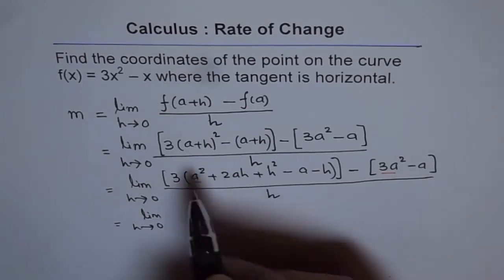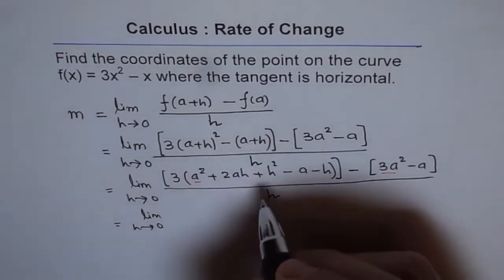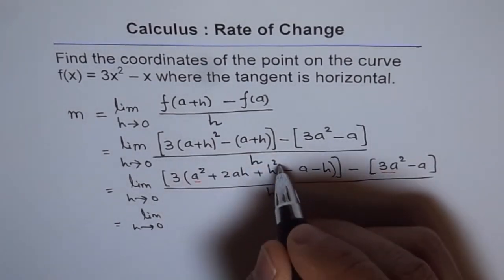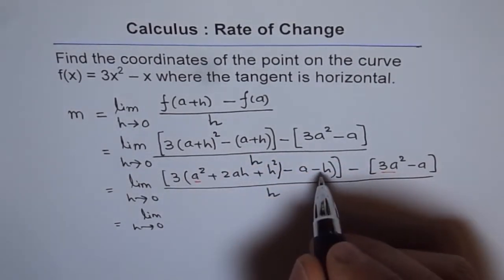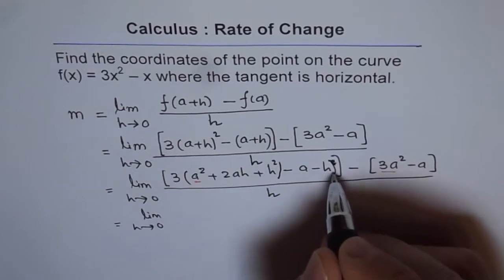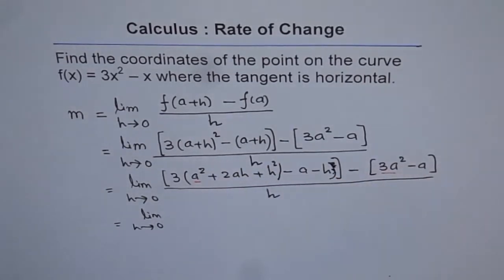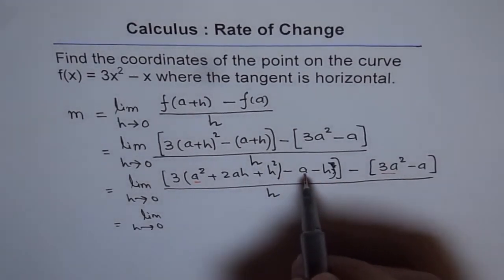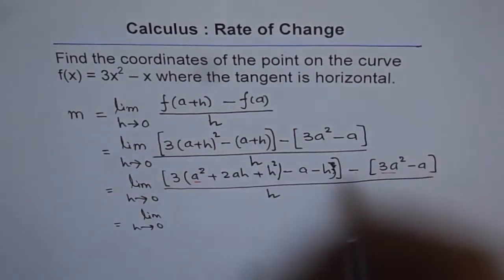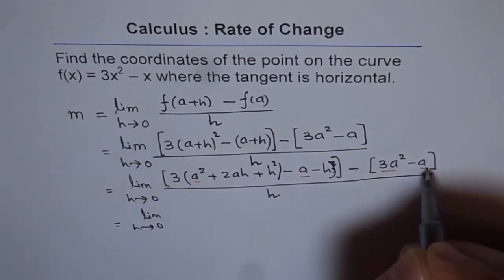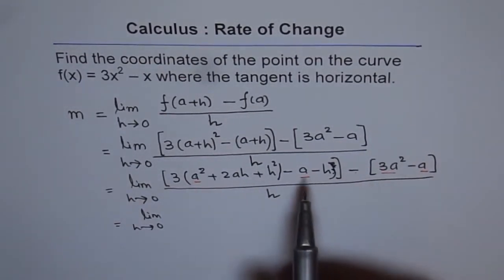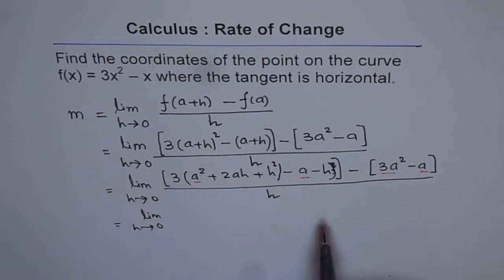Let me correct it. 3 times is only for these 3 terms, not for these terms. This is wrong placement. Minus a minus h, correct? That is how it is. So good, we corrected. Minus a minus of minus a, so this will be 0, correct? When we open the bracket, we can simplify at least to this extent.